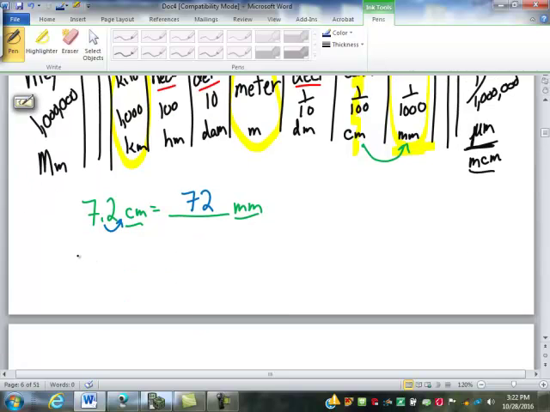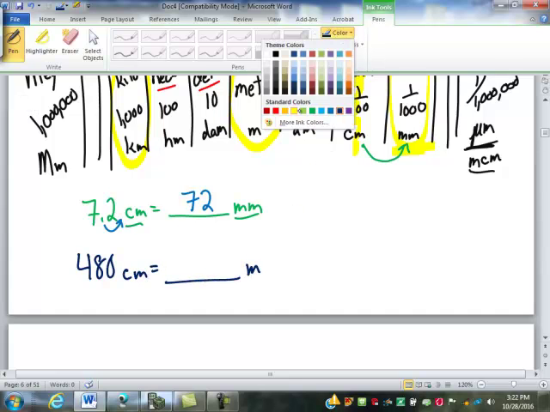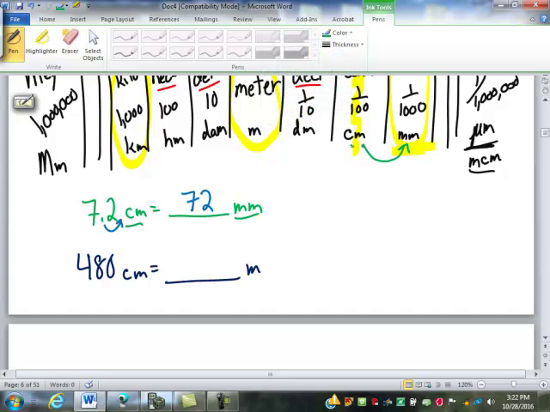If I have 480 centimeters and I want to convert it into meters, on the chart from centimeters to meters is 2 spots to the left. My decimal point has to go 2 spots to the left. If there's no decimal point in the number, it's at the end, of course. It goes 1, 2, that's 4.8 meters.